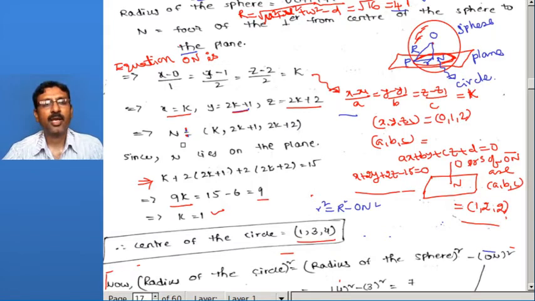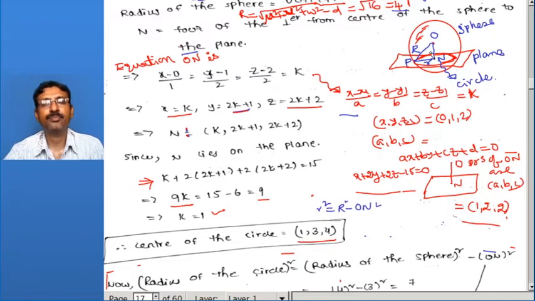Why have we taken the coordinates of N like this? Actually the equation represents the line ON. Here (k, 2k plus 1, 2k plus 2) is a random point, or it may be any point on the line ON.